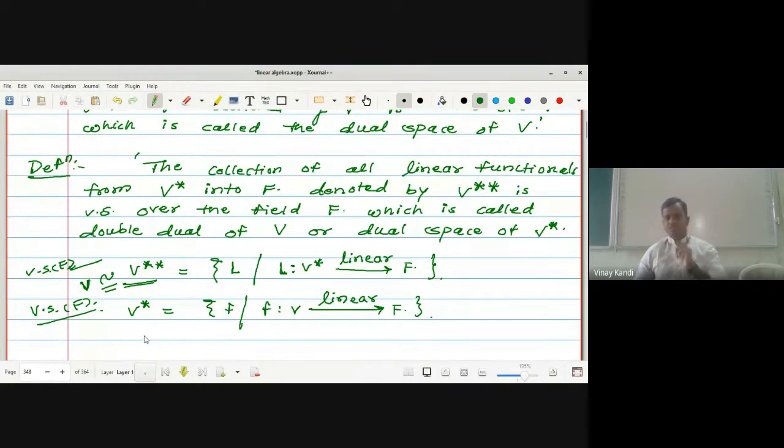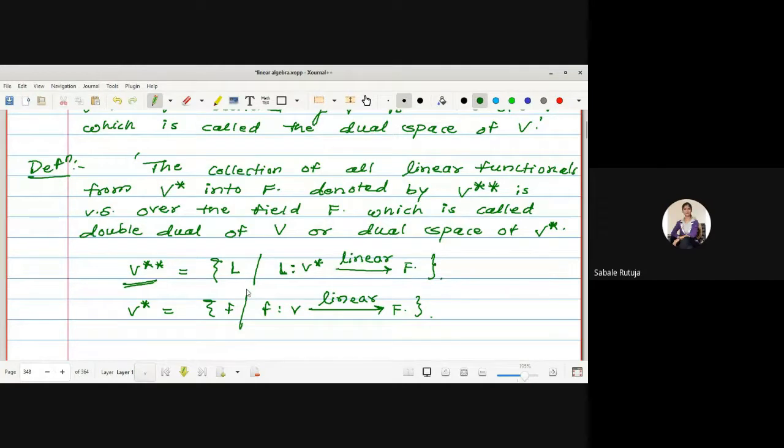ओके, सो दिस इज द डेफिनेशन ऑफ double dual, the collection of all linear functionals from V star to F. नॅचरल एम्बेडिंग शिकलाय? नसेल झालं.